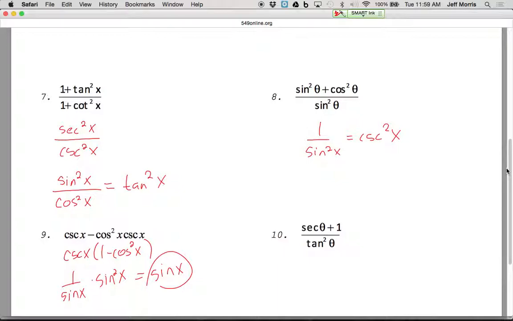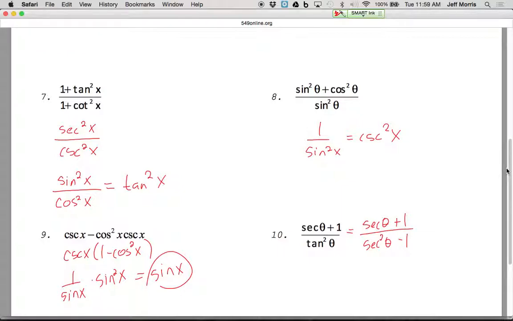And this one right here. All right, you ready? I think it's problem number 6 or 5 or whatever. Does anybody have any ideas how I can do this one? Yes, David. Yeah, the bottom turns into secant squared theta minus 1. You can put it in terms of cosine. Could, but I'm not going to.